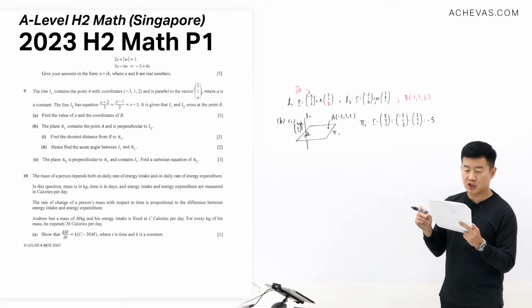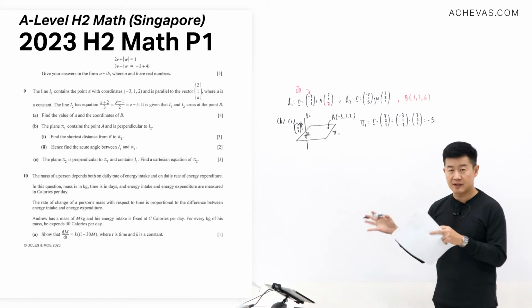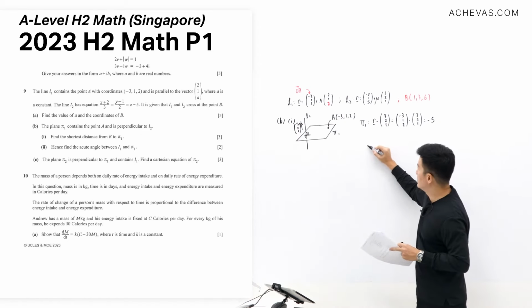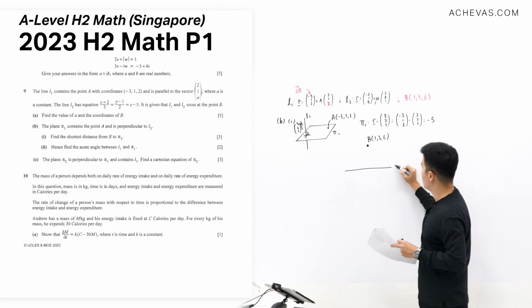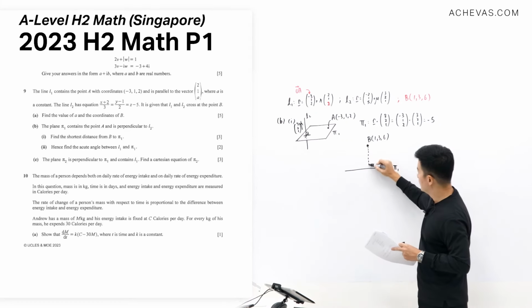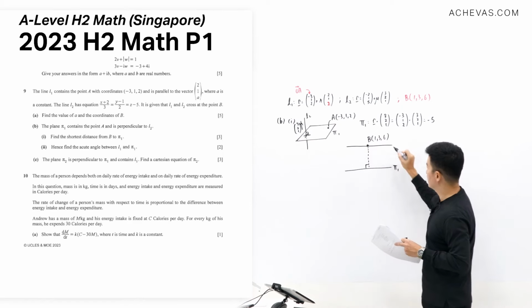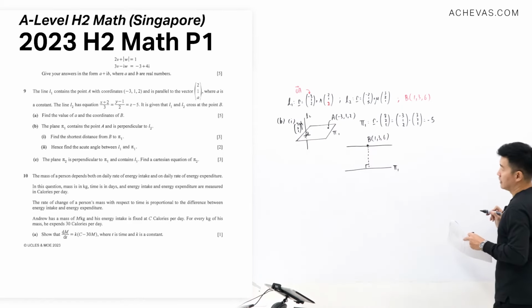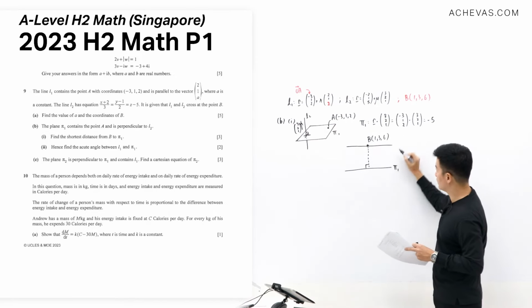In order for us to find the shortest possible distance between B and pi 1, I'm going to use the same strategy as what I've discussed on the Achevas TV. Let me draw out point B first, and the distance between B and pi 1. Let's say this is pi 1. To find this perpendicular distance, we will construct another plane passing through point B, parallel to pi 1.